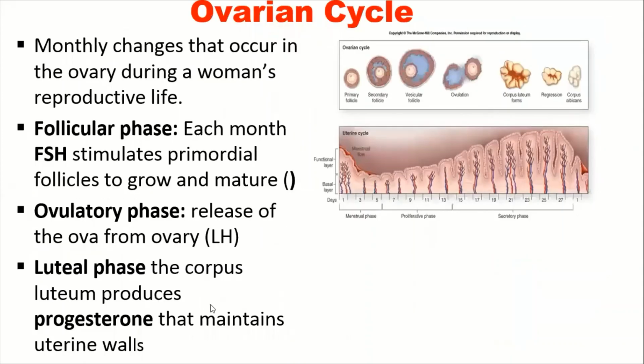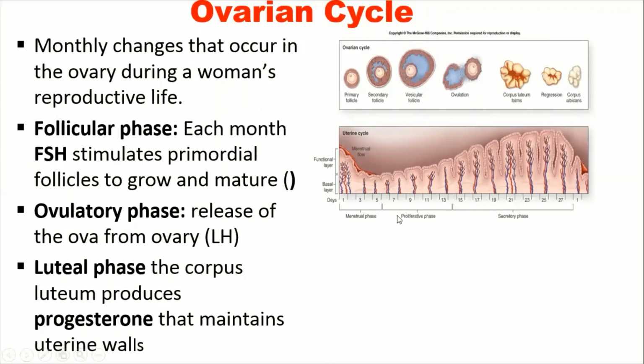Before discussing each and every follicle, we should understand the ovarian cycle also. Along with the menstrual cycle in females, changes are happening in the ovaries also. These changes consist of different phases, the monthly changes in the ovaries during a woman's reproductive life. One is the follicular phase.